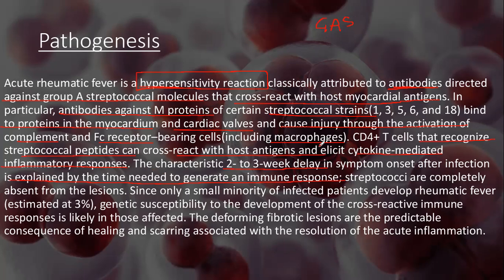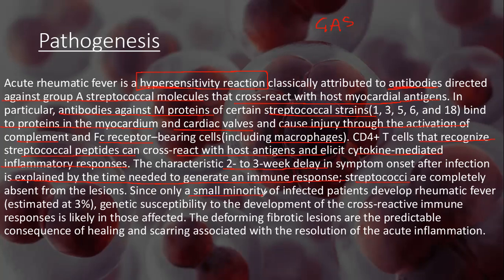Then after 2 to 3 weeks, they develop the rheumatic fever. That delay is the time needed to generate the antibodies which mediate the immune response. And by the time of 2 to 3 weeks, when rheumatic fever is developing, the streptococci will be absent from the lesions, okay?